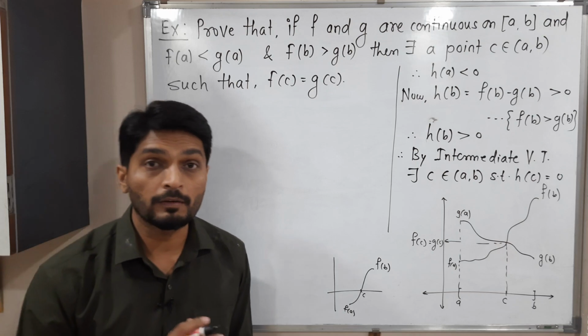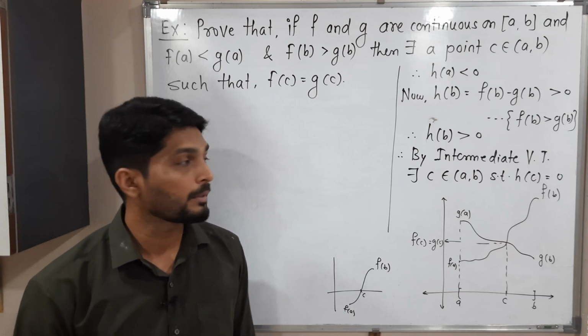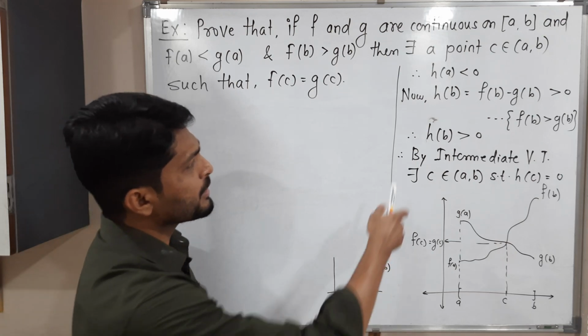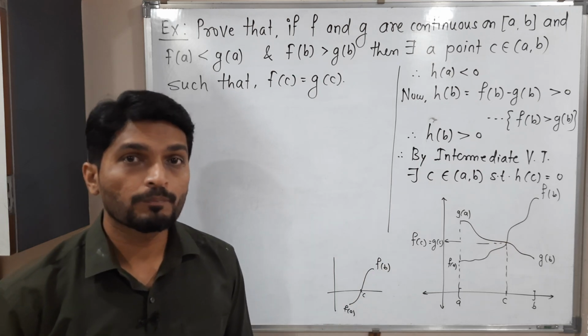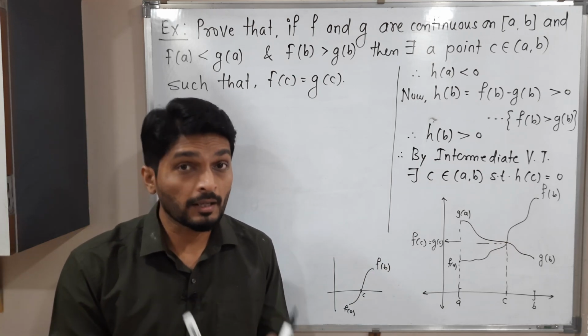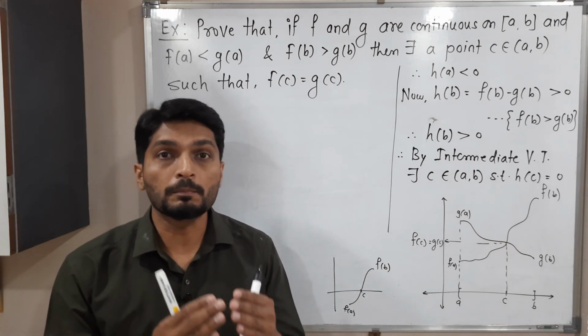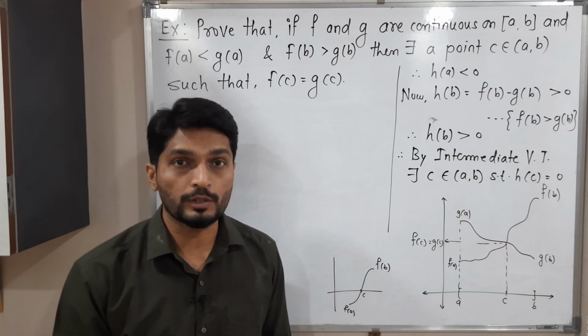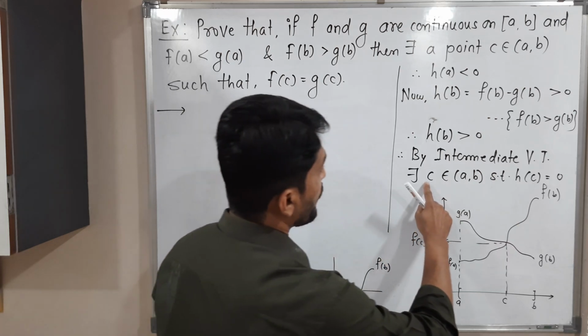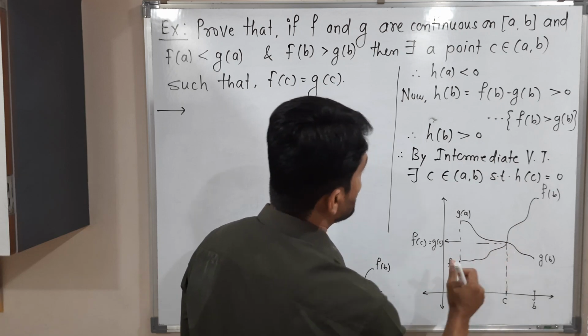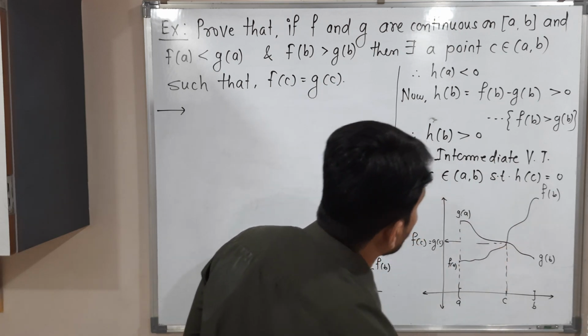The same conditions we have got for h. H is continuous. At A, h has a negative value. At B, h has a positive value. So therefore, there exists some point C in the open interval AB such that h of C is equal to 0.